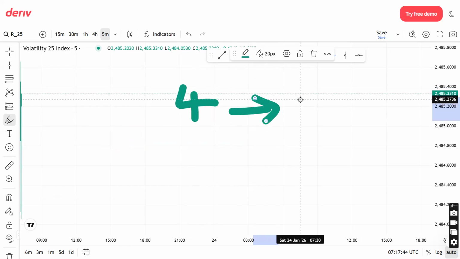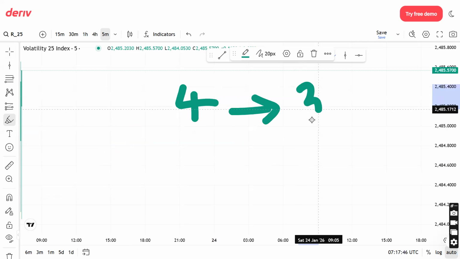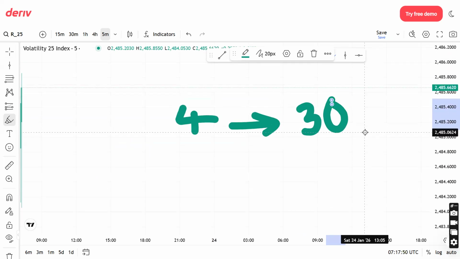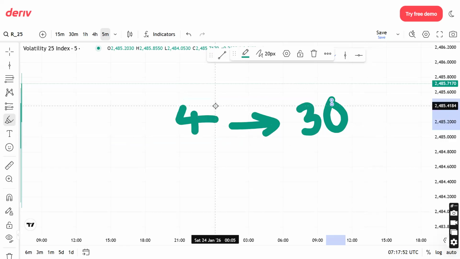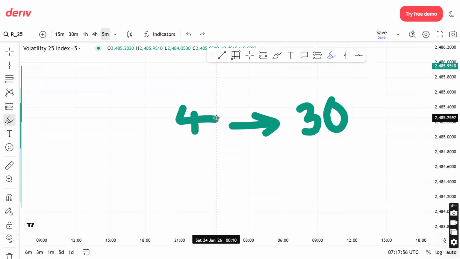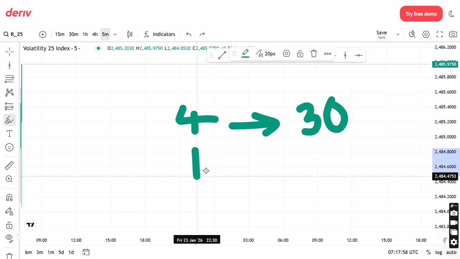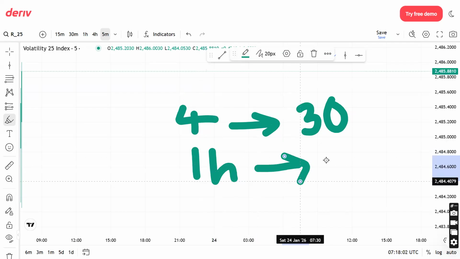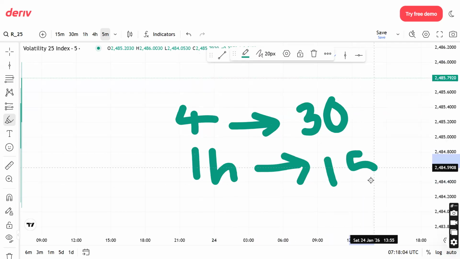If you use 4 hours for analysis, you are using what? 30 minutes to enter the trade. If you use 1 hour, you're using 15 minutes.